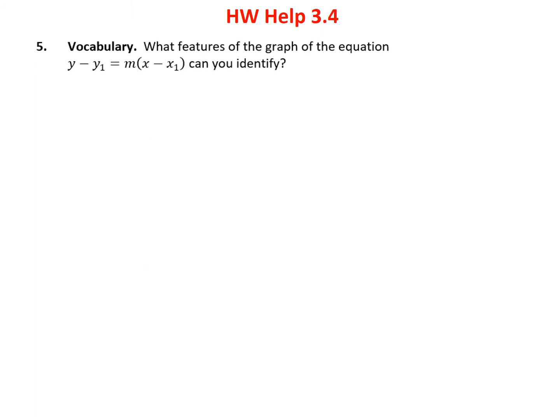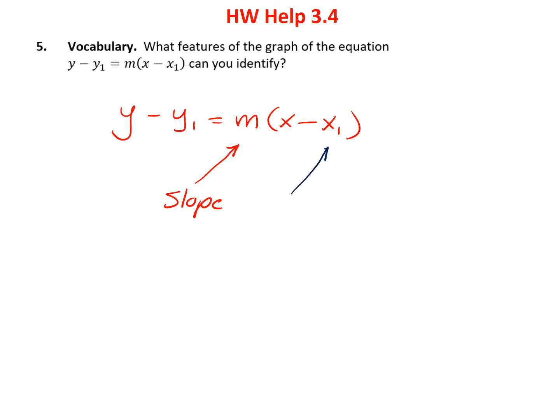This is the vocabulary question. It asks, what features of the graph of the equation can you identify? Well, let me just write it out bigger. First of all, the m is always our slope. On the other hand, this is the x value in the first point.